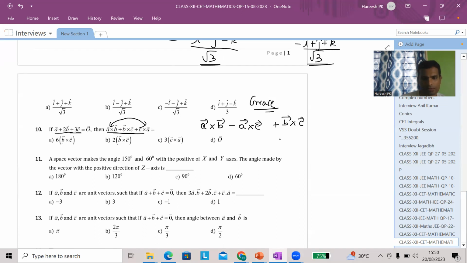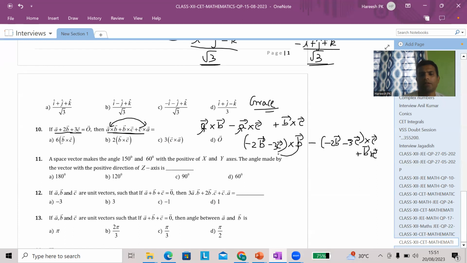Right? So now I will try to write A in terms of C and B. So what is A? A is simply minus 2B minus 3C. And here also I'll substitute the same thing, minus 2B minus 3C cross C. And the third term, B cross C, will remain as it is.